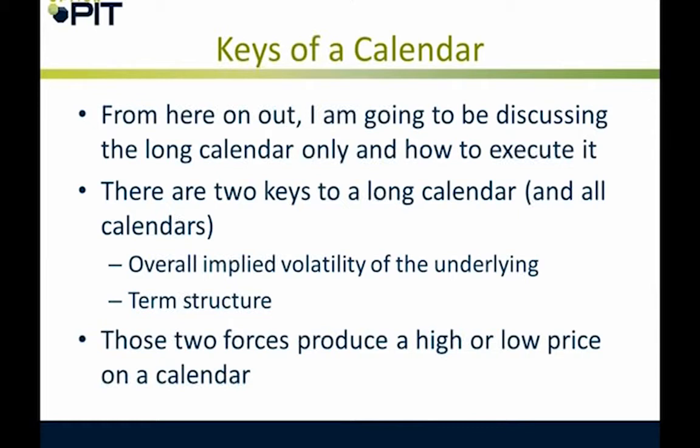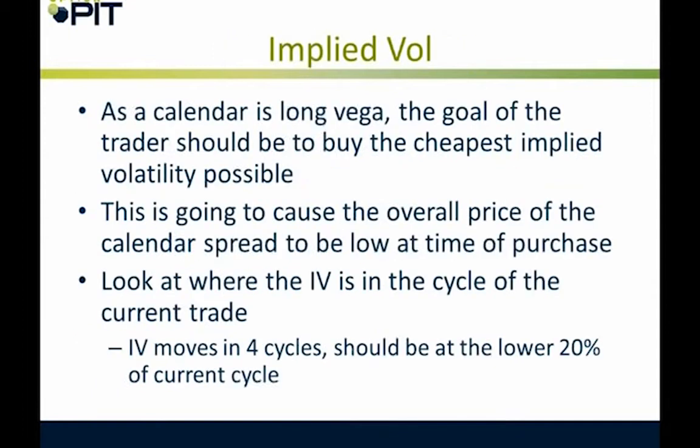All right, you want a low price, correct? Exactly. You want to buy low and sell high. Same for calendars. So if you have a good term structure and a low overall implied volatility, your chance of winning on calendars is going to be really good.